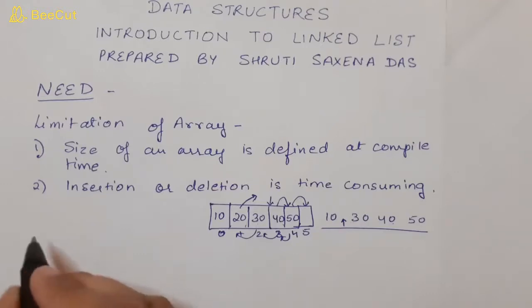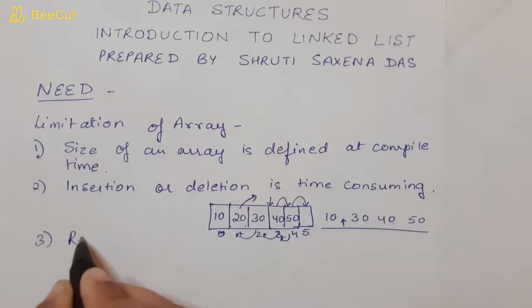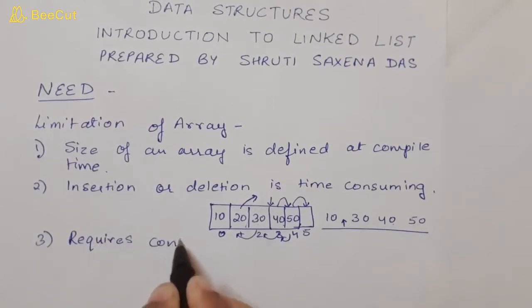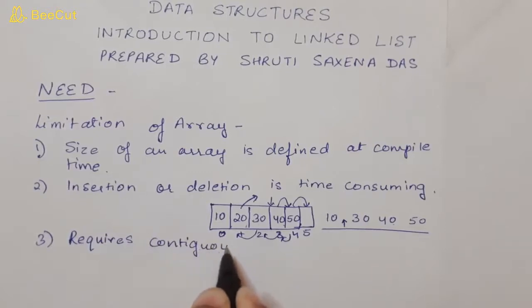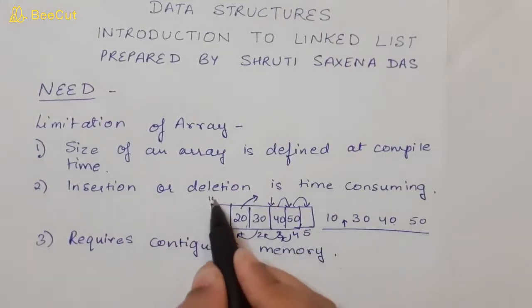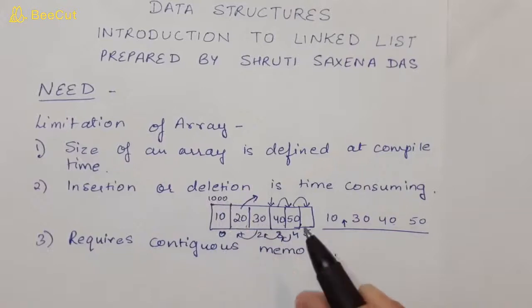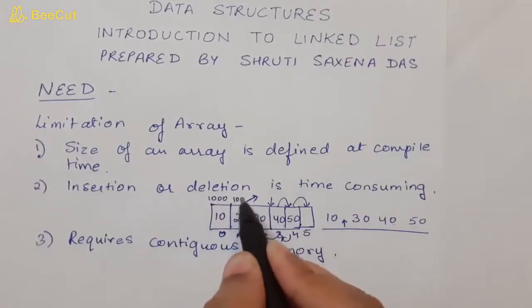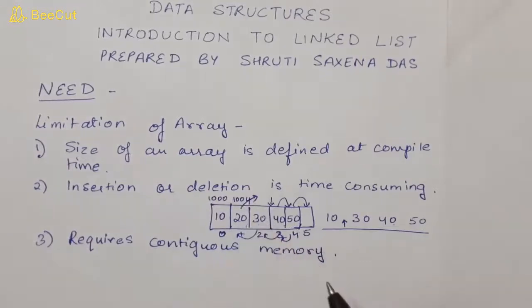Then the third thing is that array requires contiguous memory allocation. Now what is this contiguous memory allocation? Contiguous memory allocation means one after other elements will be stored in contiguous memory locations. That means if the first element is at 1000 and suppose you are using an integer array, and integer takes 4 bytes, then the next will be stored at 1004.